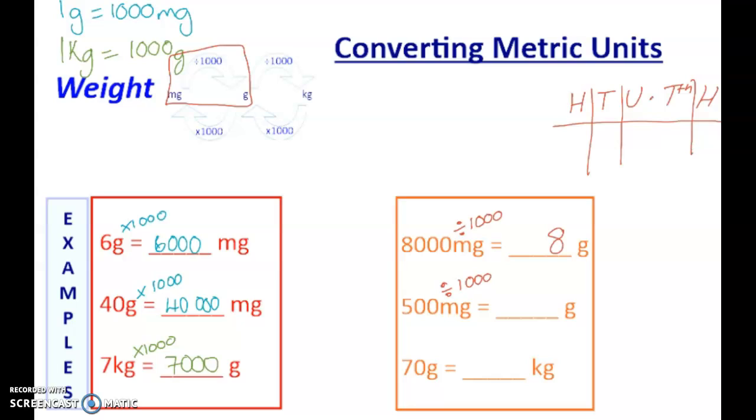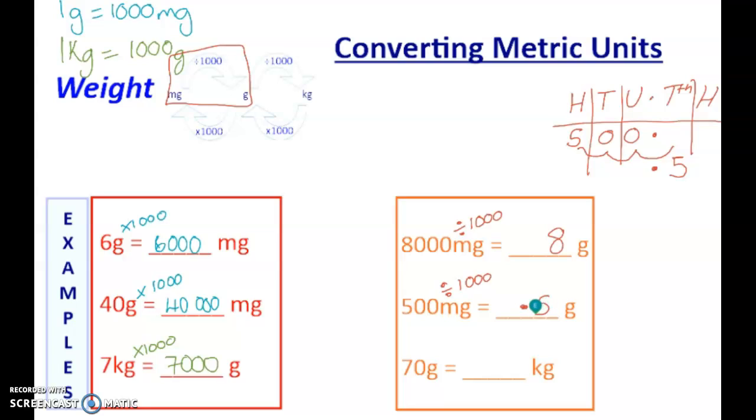So at the moment I have 500 milligrams. I've just put my decimal point in so I know where it is. And if I divide by 1,000, I move all the digits 3 places to the right. So 1, 2, 3. So my 5 finishes in that tenths column. So it's 0.5 or 0.500.